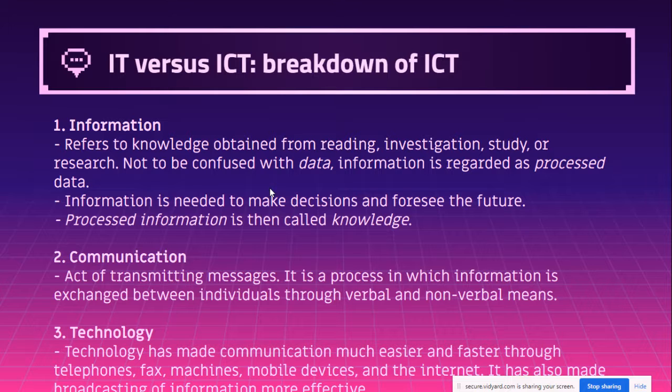So what we read on the internet, what we investigate, what we study are information, and this is also called processed data. Information is needed to make decisions and foresee the future, because without information, how can we look up what is going to happen, what factors we should be considering, and all of that. So processed information is then called knowledge.